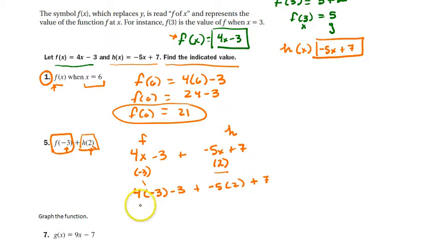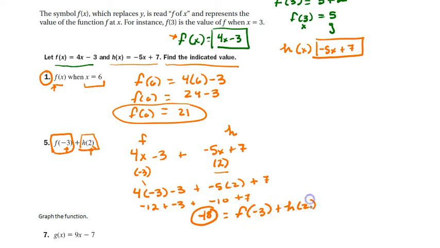This is going to give me negative 12 plus negative 3 plus negative 10 plus 7. If I add all these up together, I'll get negative 18. Negative 18 equals the f of negative 3 plus the h of 2.